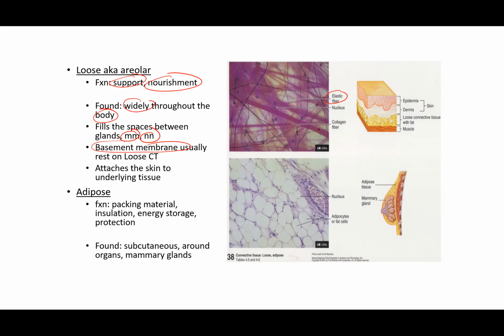You'll also notice these collagen fibers. There's going to be a type of collagen, which at the end of the day is made from proteins, and that's what gives the tissue its integrity.